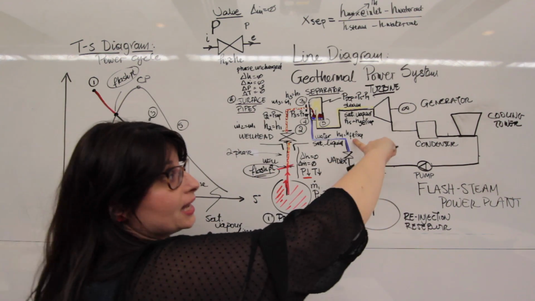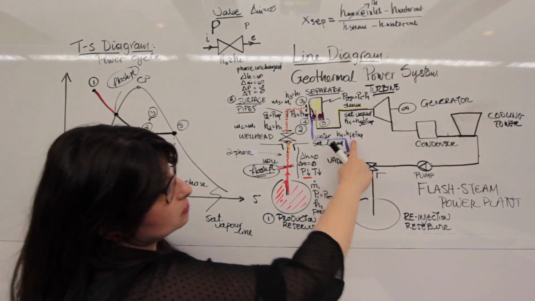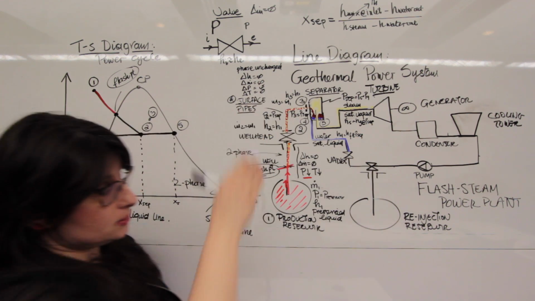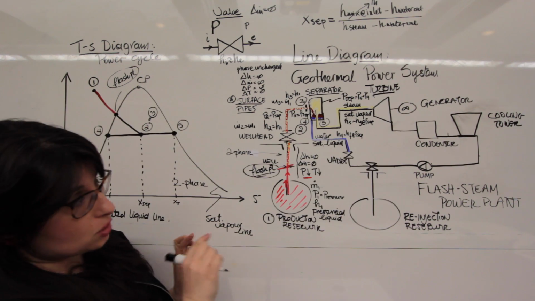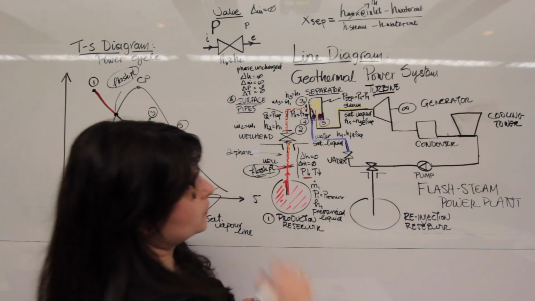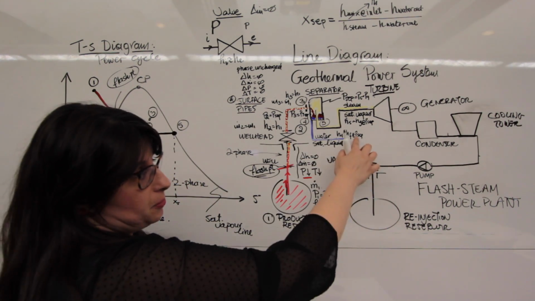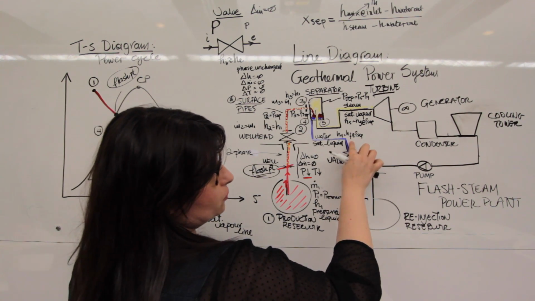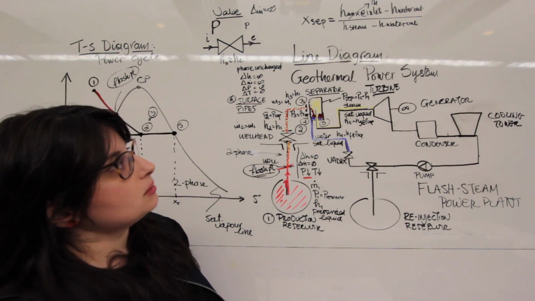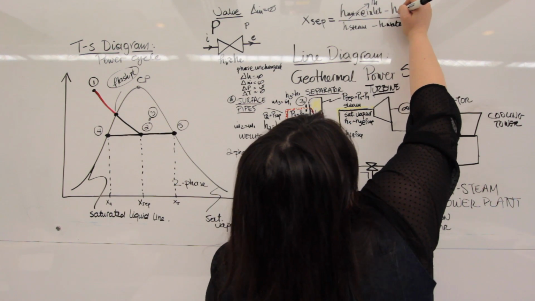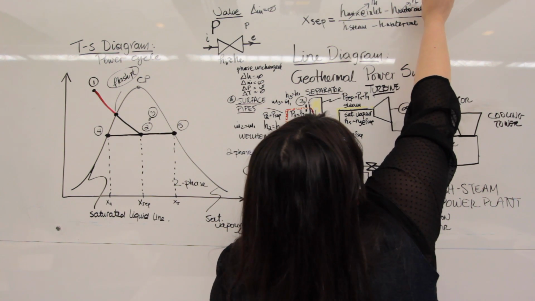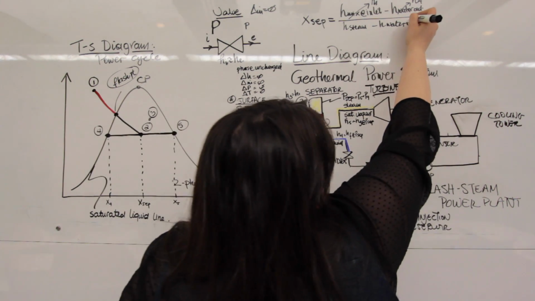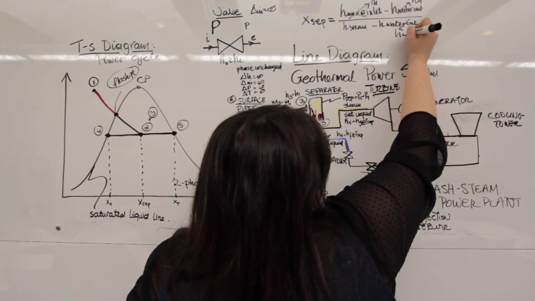I do, because I can look this up in the steam tables. I will have to find the row in the pressure column that indicates my operating pressure for the separator, and in the example that we saw, that was 7 bar. So you find the 7, you look for the Hf, and you just read it off the table, and you're going to put it here, so that is also known, and it's equal to H4. Oh wait, this is also H4, because it's exactly the same thing.